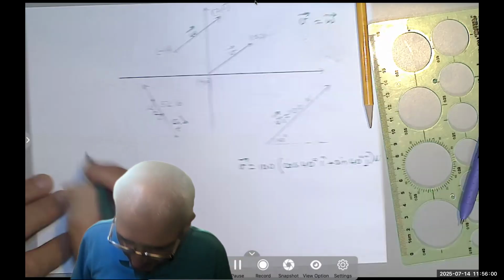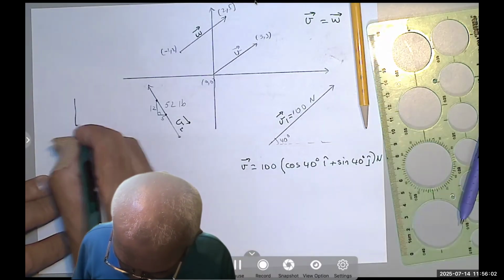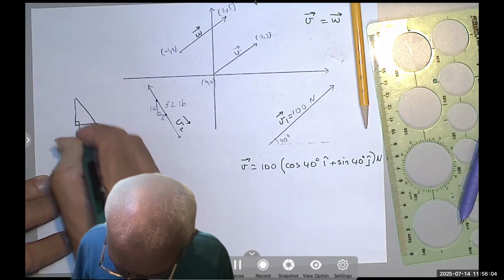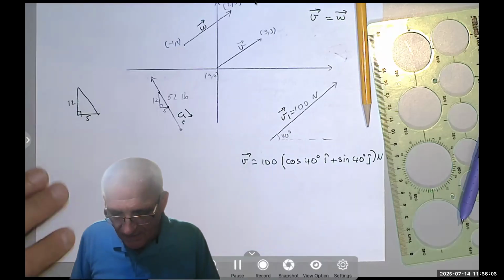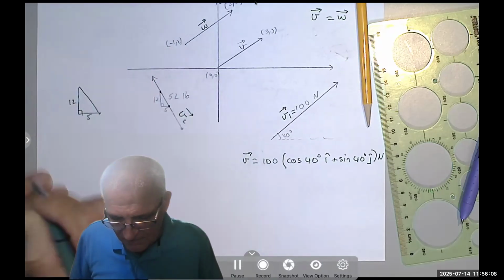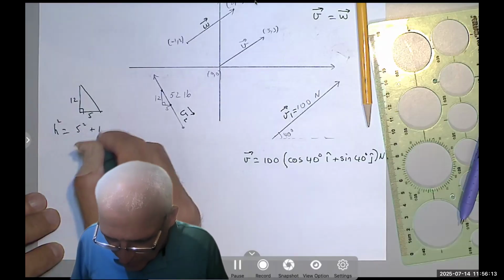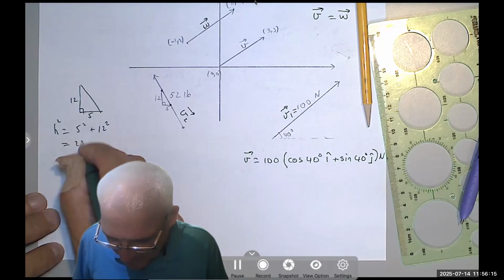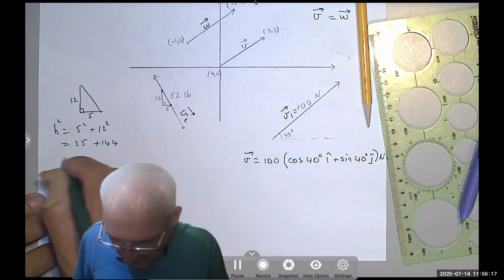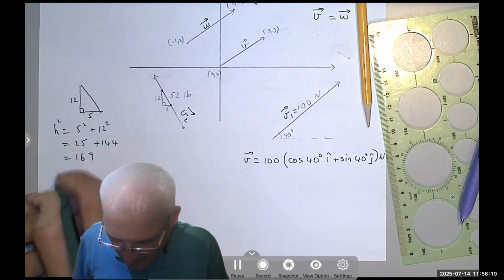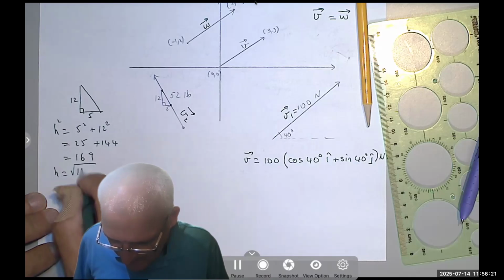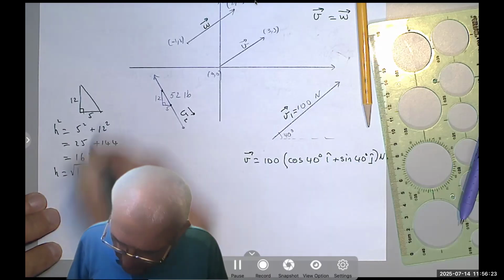So use Pythagoras. You have a triangle. This is 5, this is 12, and this is the hypotenuse. So the hypotenuse square equals 5 square plus 12 square equals 25 plus 144 equals 169. So h equals root of 169 or 13. So that's 13.